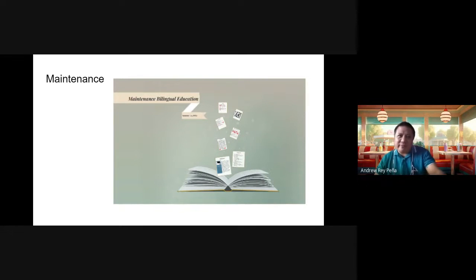But in the case of maintenance, there's a language minority whose culture is dying, so students are intended to be strong in that minority language.